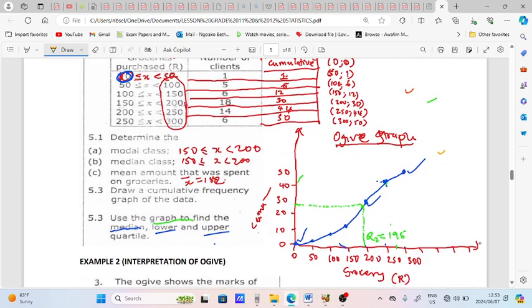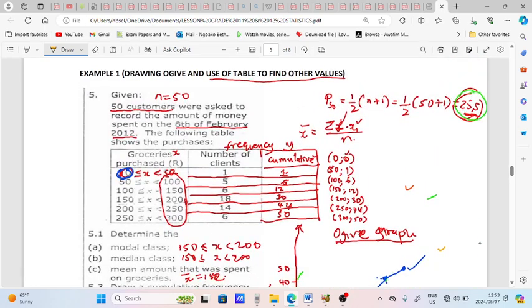So, because this will be an estimate, let's say this one will be 25%, that will be 1/4 of (n plus 1).